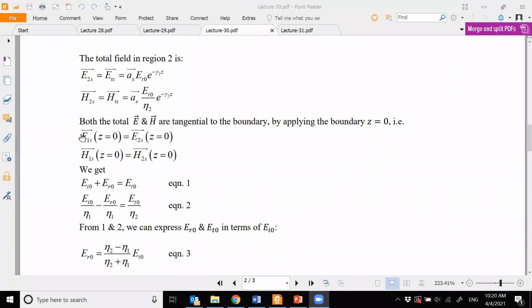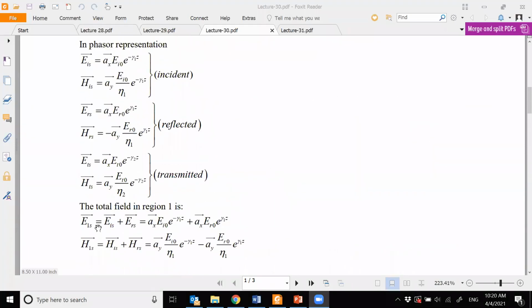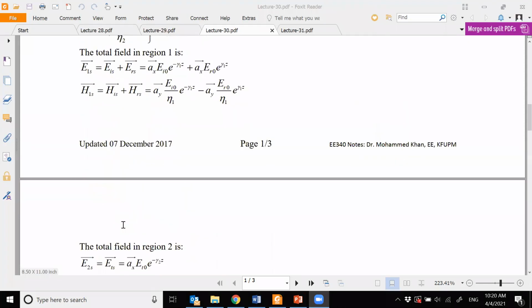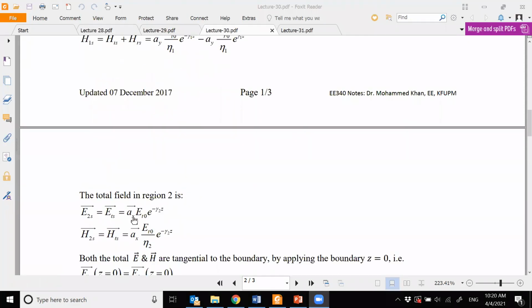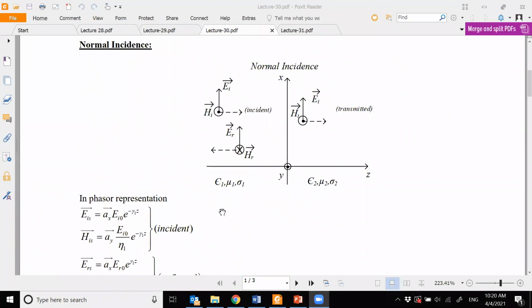And why am I saying E1s and E2s directly? Because if you see here, your E1s is made up of an x component and your E2s is also made up of an x component. And what is your x component?